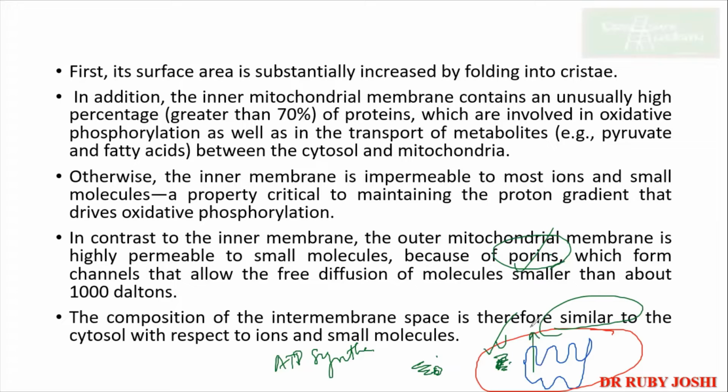Now, if it goes into the cytoplasm, what will happen? They are lost. The gradient is not formed. Did you get the point? To make the gradient, this is one of the advantages of having the outer membrane, so that the gradient is formed. So here what will happen? H plus concentration will be high here and low there. So this gradient is used by your complex 5, ATP synthase, in order to synthesize ATP.